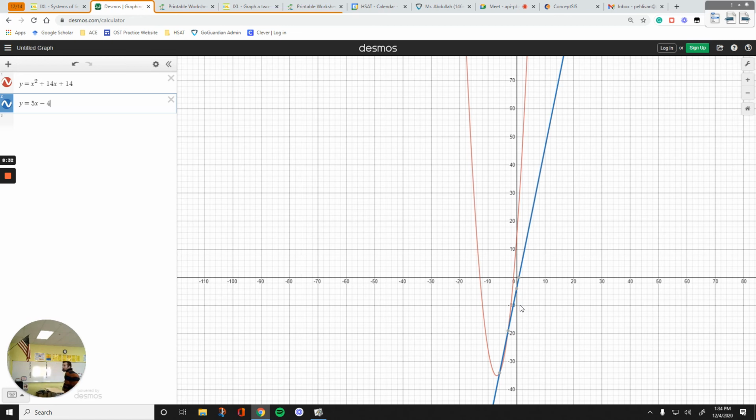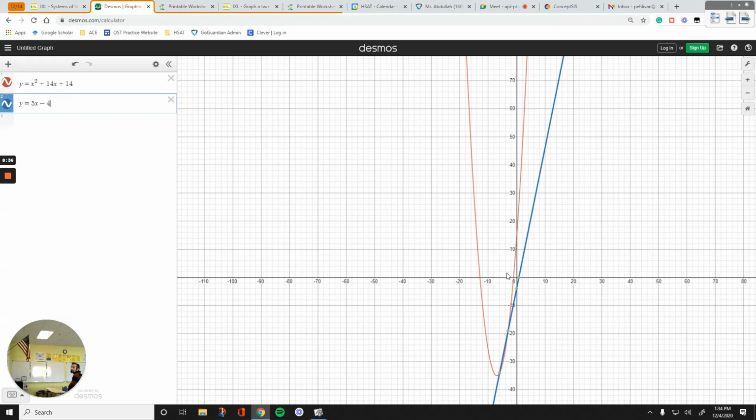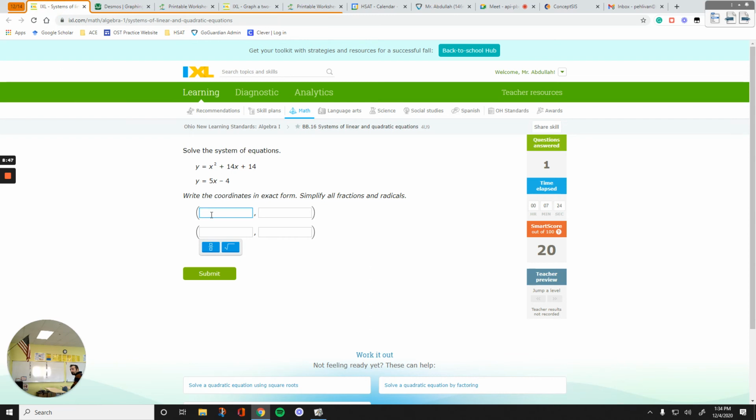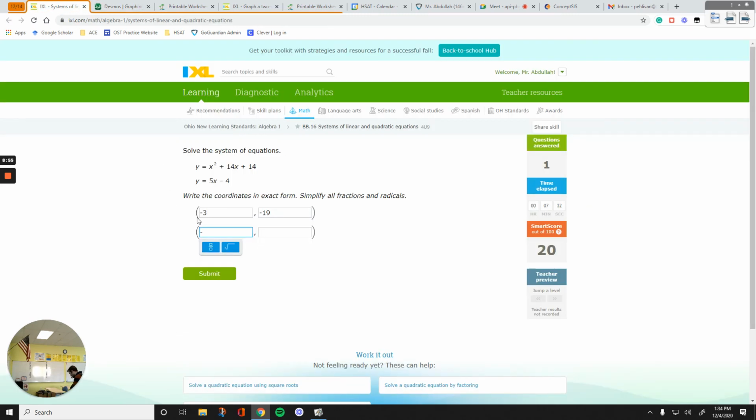Remember, like these two boxes over here, x and y, x and y. So let's just check one of the points. -3, -19 is our first solution, so let's put it in. And then the next point is -6, -34.